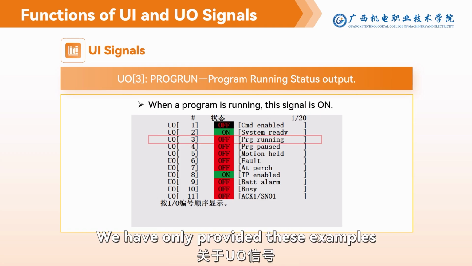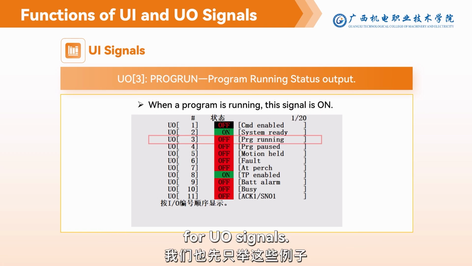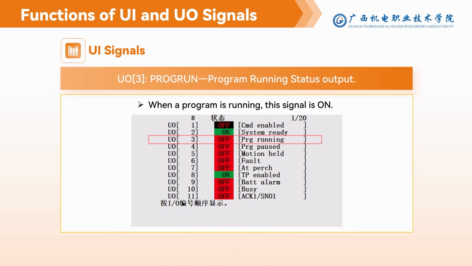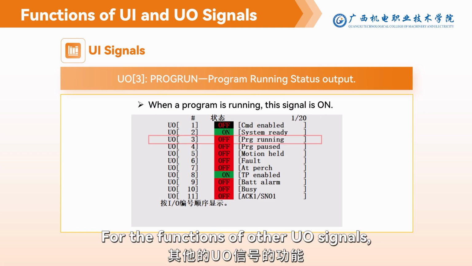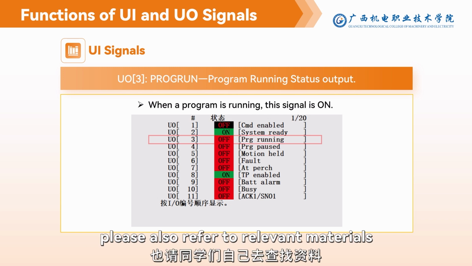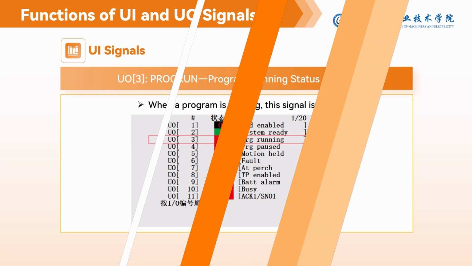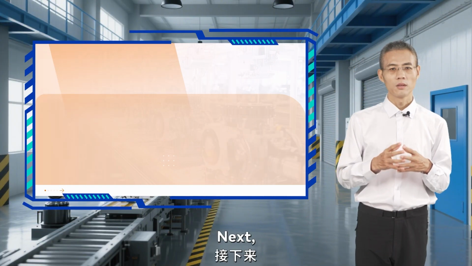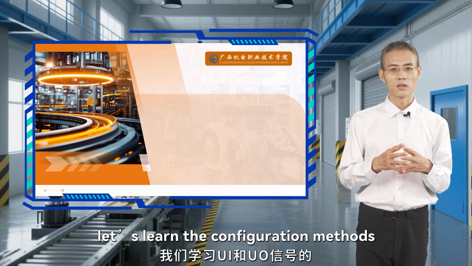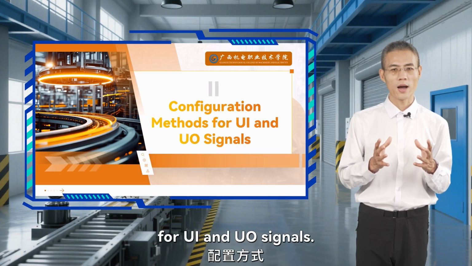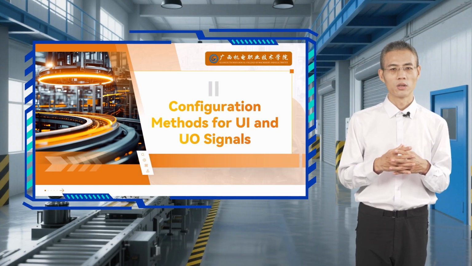We have only provided these examples for UO signals. For the functions of other UO signals, please also refer to relevant materials for further study. Next, let's learn the configuration methods for UI and UO signals.